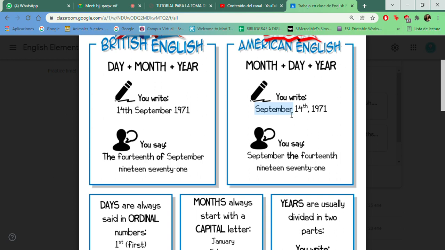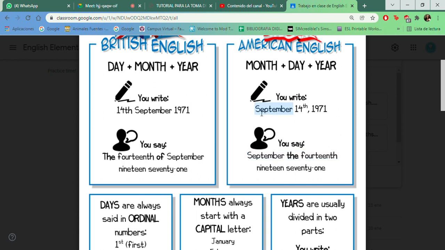Casi todo el mundo hace eso. But Americans, they don't. They want to put first the month and then the day, okay? So they say the month and then the ordinal number. So this is how you write and this is how you say it. Be careful with that, okay? Very careful. This is how you write it and this is how you say it.